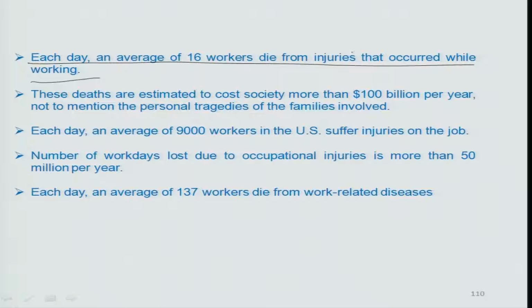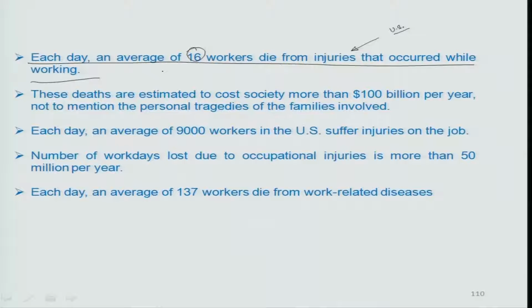This is only the data related to OSHA, the Occupational Safety and Health Administration, and this is not global data. Obviously this is data for the United States, and it can probably spread across the globe. This number will definitely increase because of that.